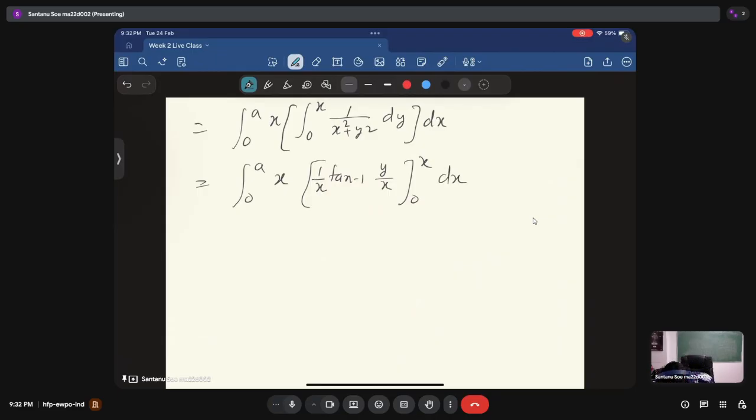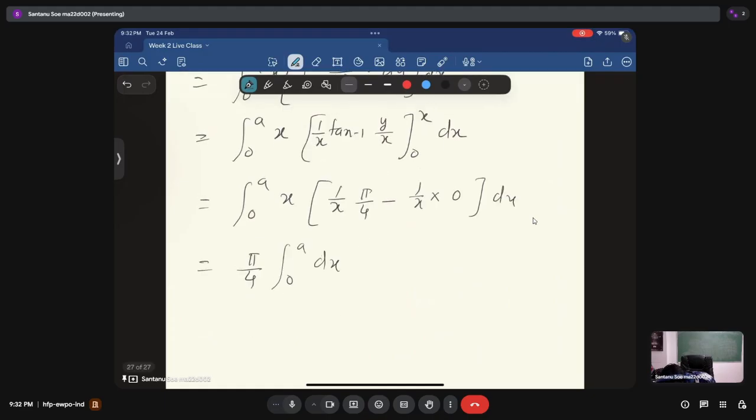Okay, so this is gonna be 0 to a. So if you just put y equals to x, then this will be tan inverse of 1. So 1 by x times pi by 4 minus 1 by x times tan inverse of 0, which is 0. So this will be pi by 4, 0 to a dx, which is same as pi a by 4. So this should be the answer of this question. Okay.